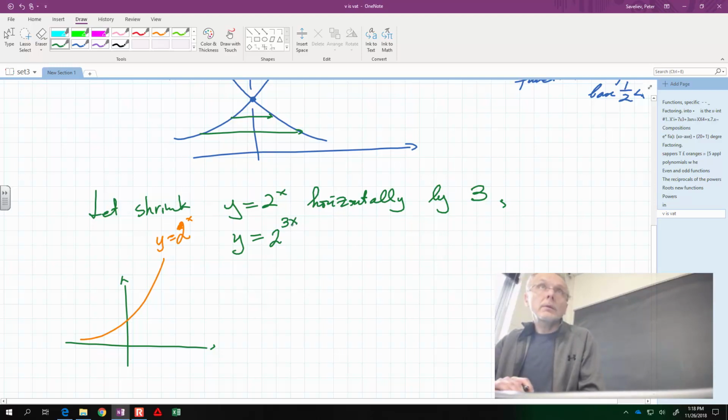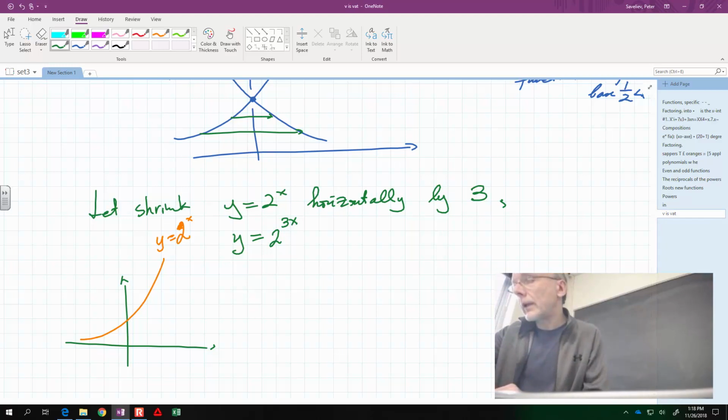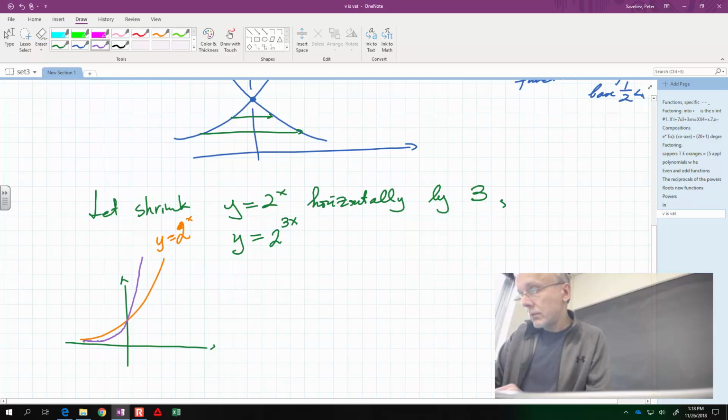Okay, so horizontal shrinking. Remember, whenever it is horizontal, to shrink you multiply, and to stretch you divide. So we are shrinking horizontally, which makes it taller, like this. Okay, so that's the second one.